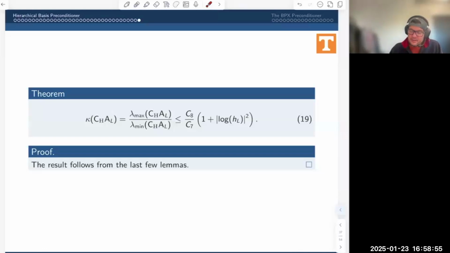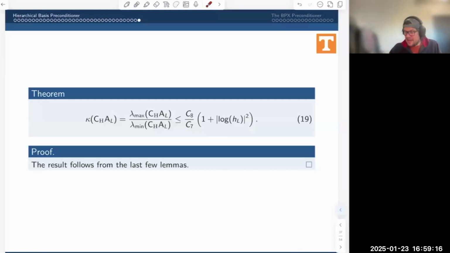But you can see we get this estimate in the end if all the details are correct, which I believe because, well, I went through them number one, and then number two, they were published, and it's a well-known result.